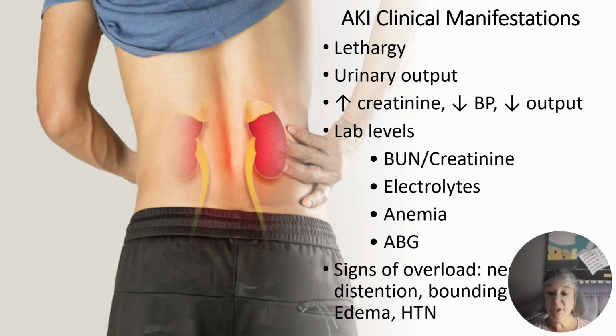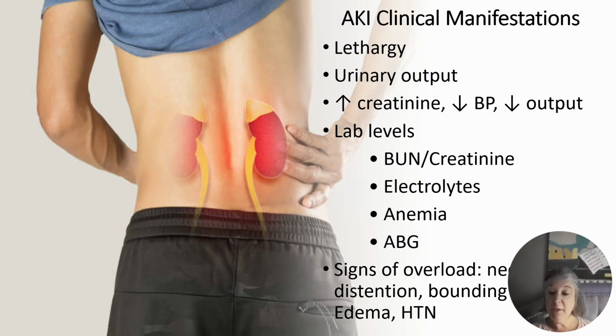Clinical manifestations. So lethargy, decreased urinary output. We're going to see an increased creatinine, decreased blood pressure, and decreased output. Okay. Lab values, obviously, we're going to watch our BUN and creatinine, electrolytes.